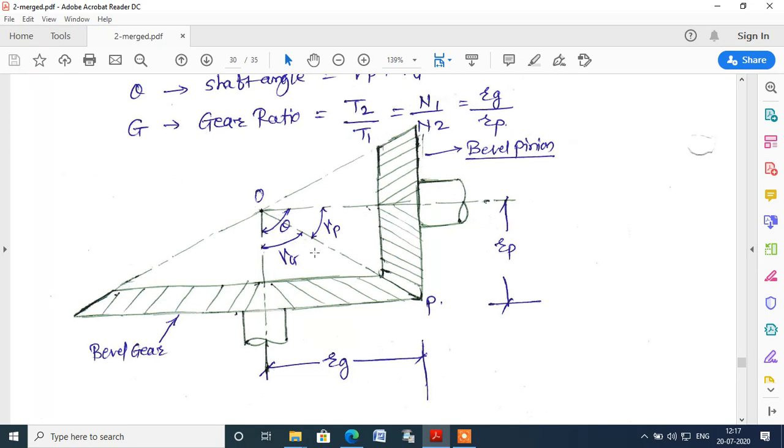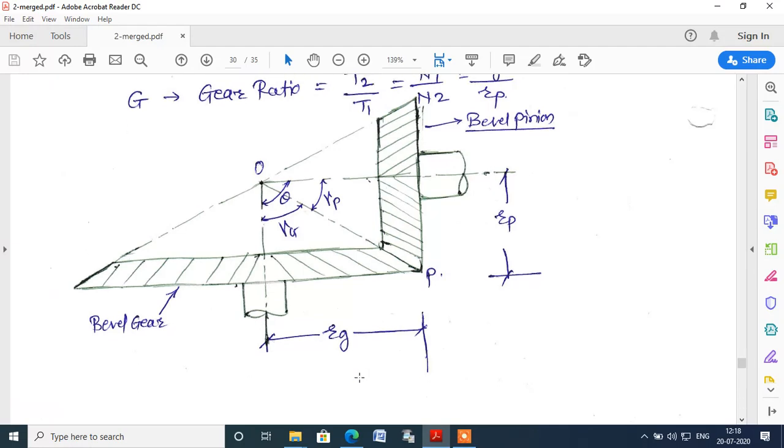Now this is the bevel pinion, so gamma p is the pitch cone angle of the bevel pinion. This is RP, the pitch circle radius of the bevel pinion. This is the point P where two gear teeth are meeting. This is RG, the pitch circle radius of the gear wheel, and this is gamma G, the pitch cone angle of the bevel gear wheel.